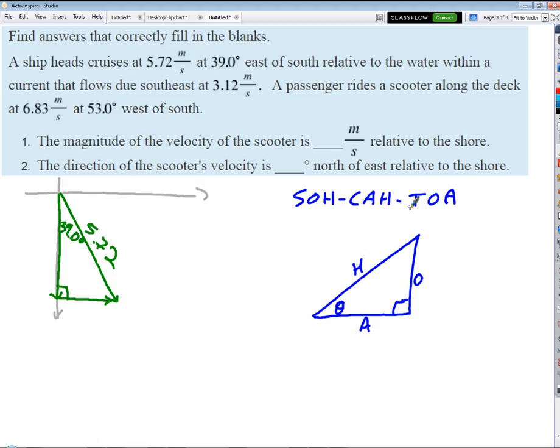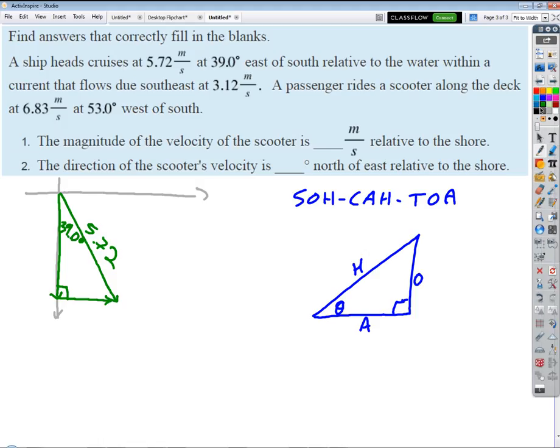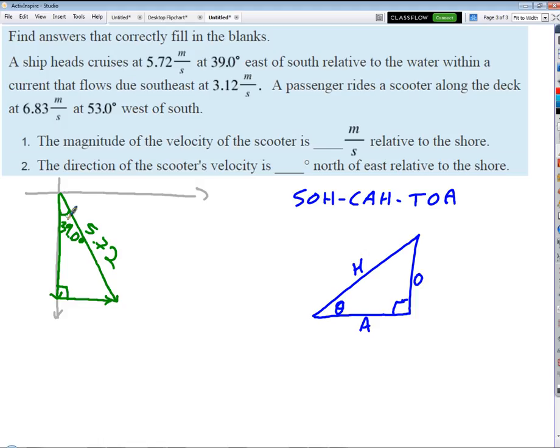So let's break this up into components. What's going to be the horizontal component of B? If this is my 39-degree angle up there, is that going to be a sine or a cosine issue? What do you think, Sydney? Sine, because it deals with the opposite side, right? Remember, whenever we're resolving a vector into components, we're taking the magnitude of the whole vector and making it smaller by multiplying it by either sine or cosine. In this case, by sine.